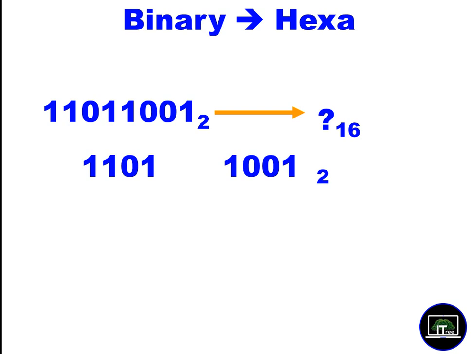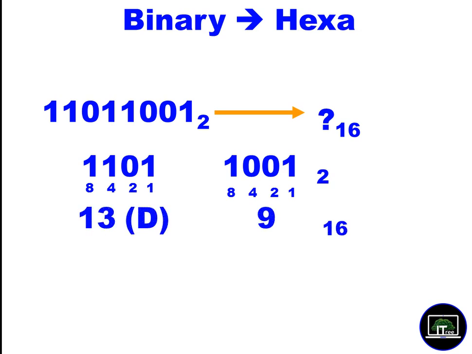Write at the bottom, a little bit down, the small figures 1, 2, 4, 8. The first one is 11, the second one is 3, so 13. 13 is D. And 9. So it's D9. Okay, we go to the next one.